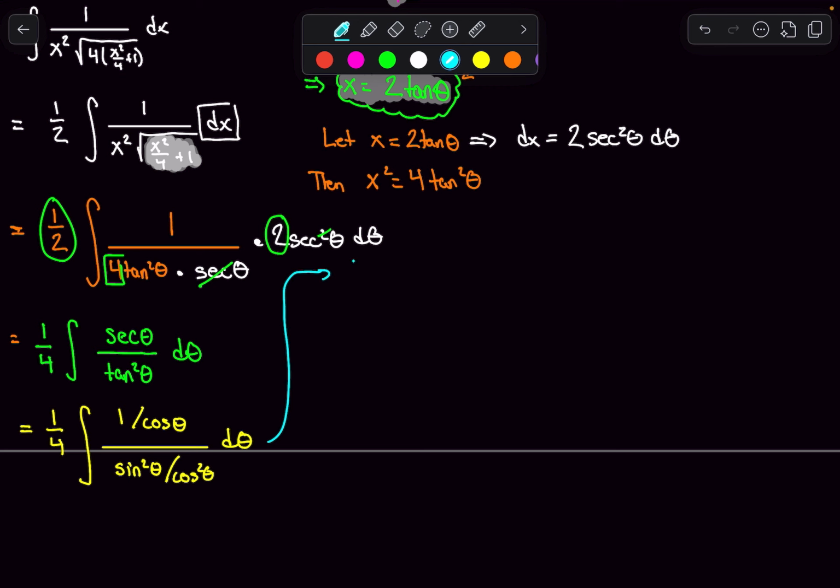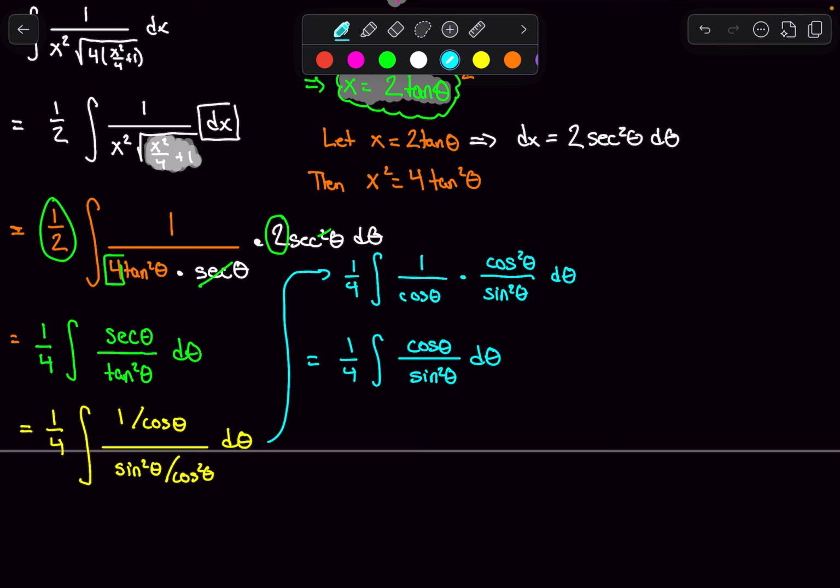So this is 1/4 times the integral of 1 over cosine theta multiplied by the reciprocal of the denominator, cosine squared theta over sine squared theta d theta. And this integral is 1/4 times the integral of cosine theta over sine squared theta. Thankfully, this integral is fairly straightforward and easy to solve.